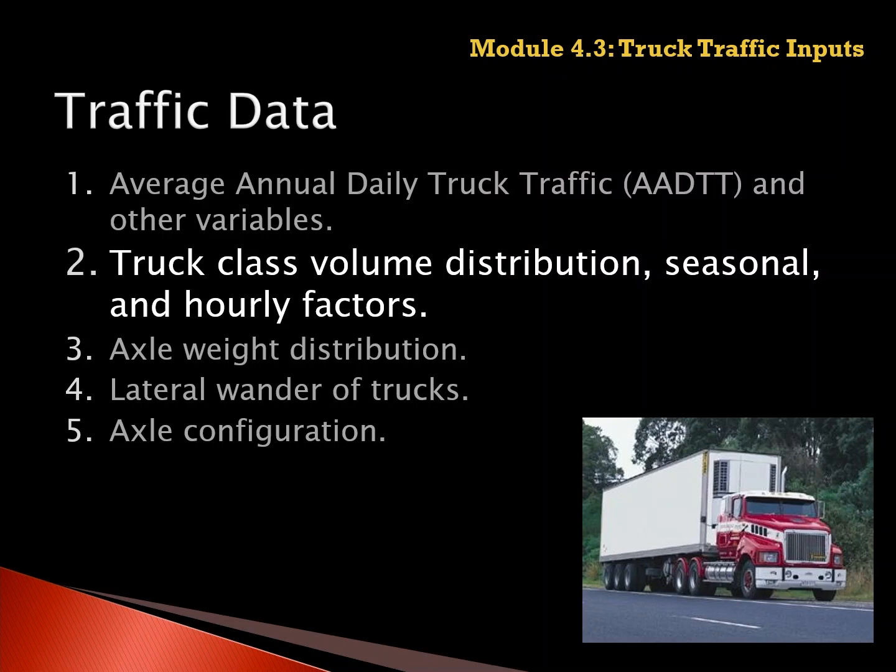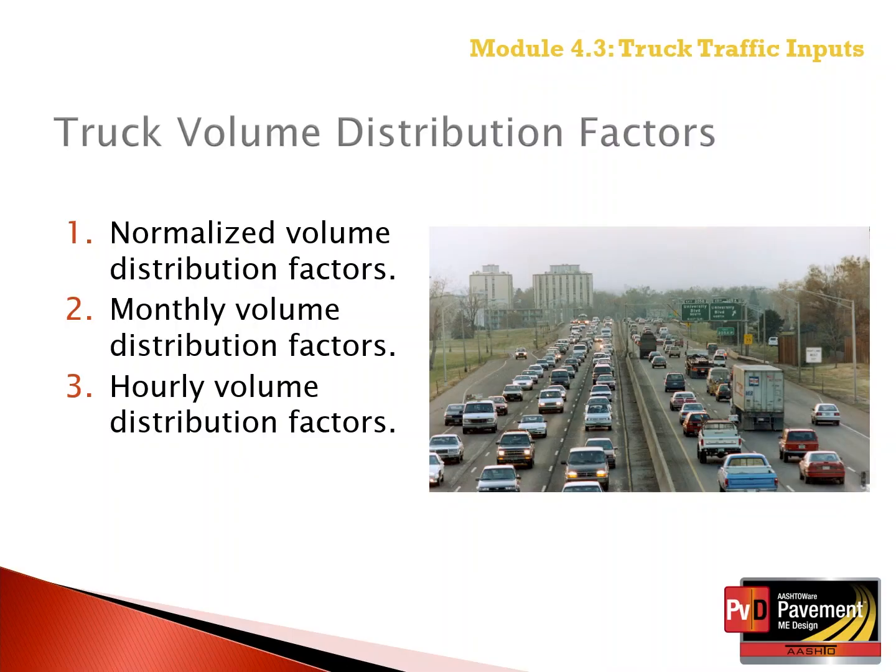Truck traffic now: the truck class volume distribution, the seasonal or monthly and hourly distribution factors will be defined as follows. So we have normalized volume distribution factors, we have monthly volume distribution factors, and we have hourly distribution factors.